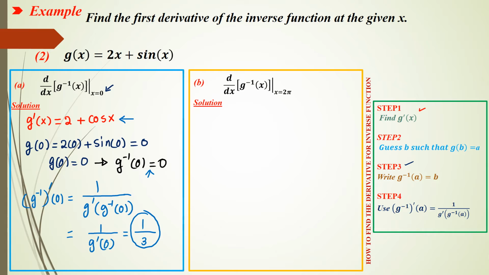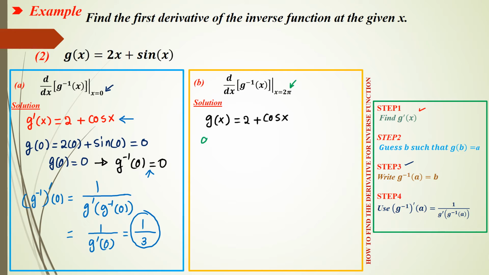Now in part B, in the same manner as part A, step 1, you have to find the derivative of the function g of x. This is equal to 2 plus cosine x. Then by guessing, you have to find a number x such that g of x equals 2 pi.